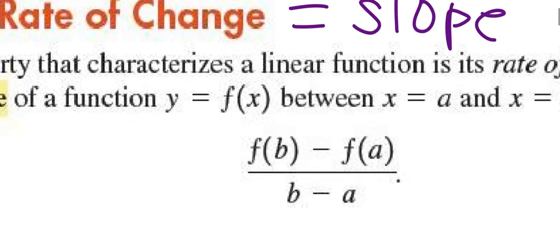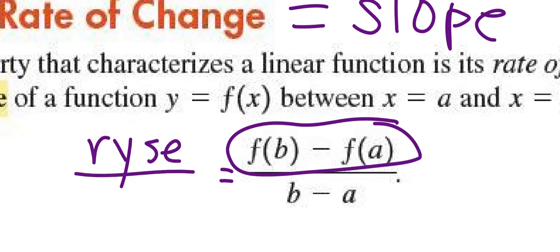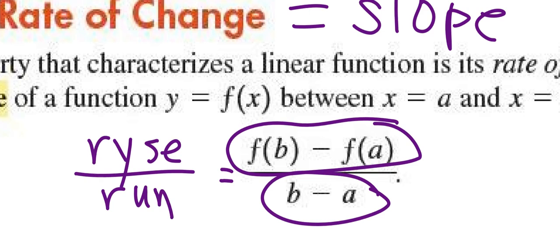Okay, and what is this? What is f of b minus f of a? What do we call this thing? Don't we call it the rise? Difference in the y values? You've never heard the rise over the run? Isn't that slope?